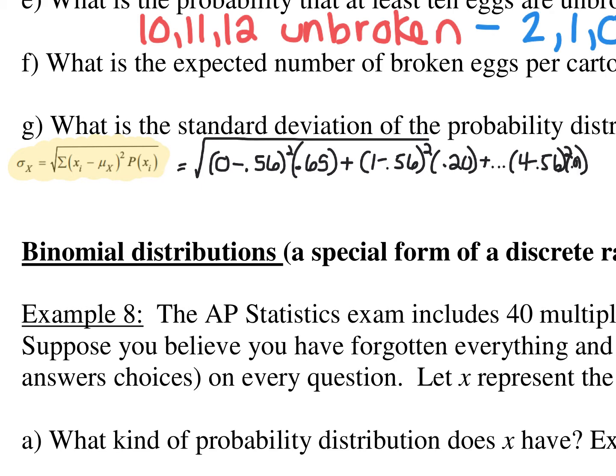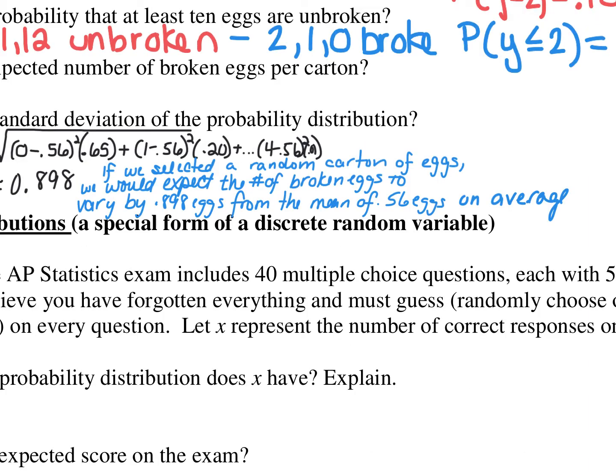I'm just going to enter this into my calculator. And when I do, I get approximately 0.898. So let's talk about how this would be interpreted. If we selected a random carton of eggs, we would expect the number of broken eggs to vary by 0.898 eggs from the mean of 0.56 eggs on average.